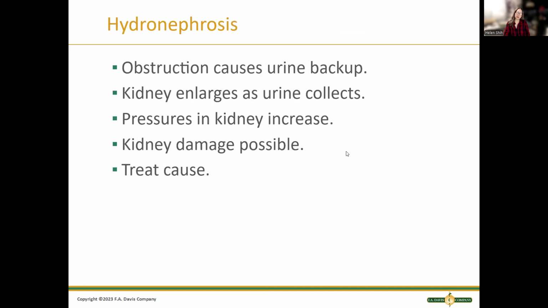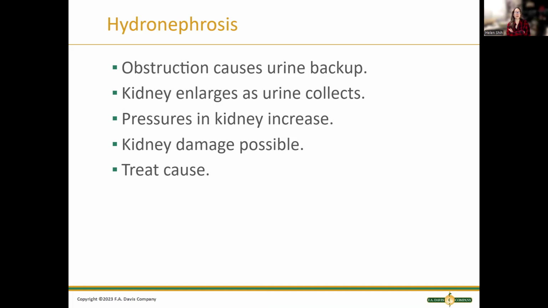Now, as I said earlier, hydronephrosis is a complication of urological obstruction. So this obstruction causes urine to back up into the kidneys, and then the kidneys enlarge as urine collects and sits in there, which again increases the pressure of the kidneys. And then at that point, damage to the kidney is possible because those tubules in the glomerulus in the nephrons are so tiny and so small, they can't handle very much pressure.